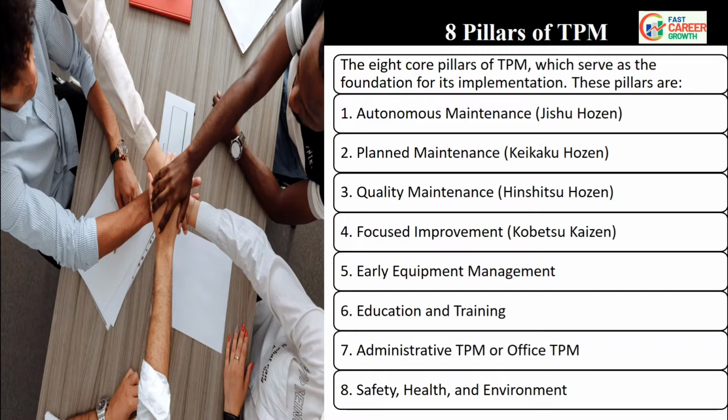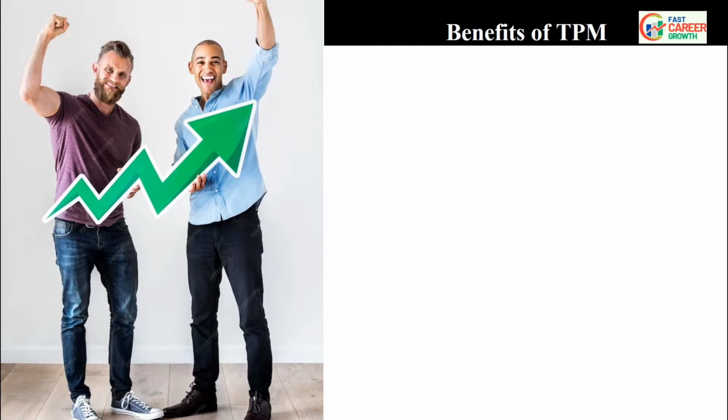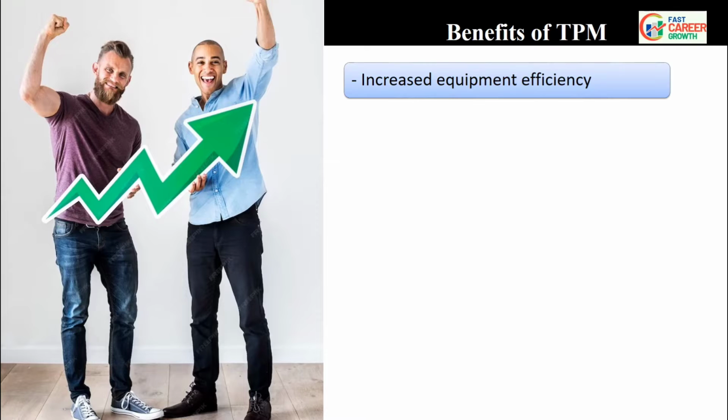Significance of TPM. Next is Benefits of TPM. TPM is significant in modern manufacturing and operational contexts. TPM is not just about fixing machines, but about creating a culture of continuous improvement, employee engagement, and operational excellence.